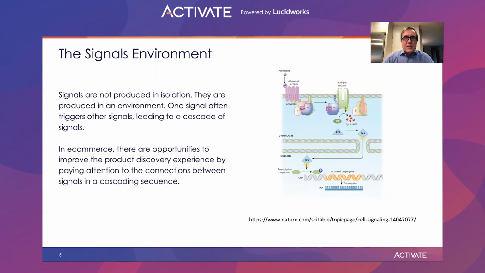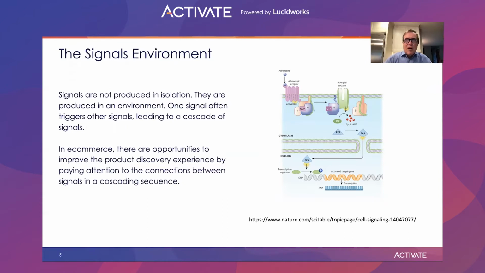All right, we've talked about signaling theory and the idea that it's motivated by information asymmetry and that there are costly signals that tend to engender trust. And now I want to remind that signals occur in an environment. They're not in isolation.